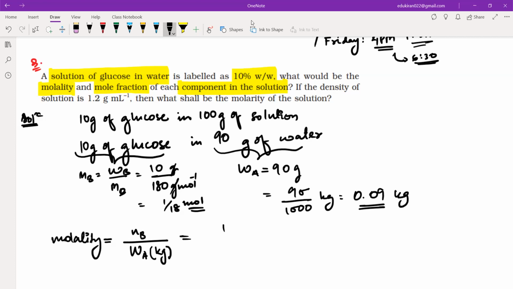And I just need to write down 1/18 into 0.09. तो ऐसे लिख लेते हैं, यहाँ पे 90 लिख लेते हैं, and this will become 1000, है ना? And then you will find out the molality. Easy. Yes or no? Tell me. Yes, sir. है ना? ठीक है.